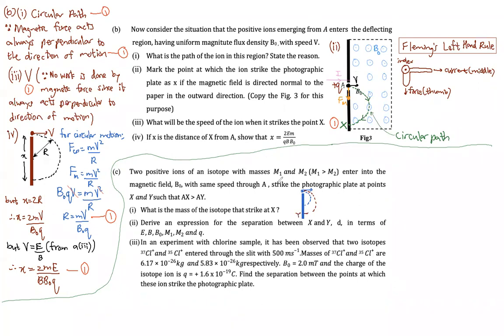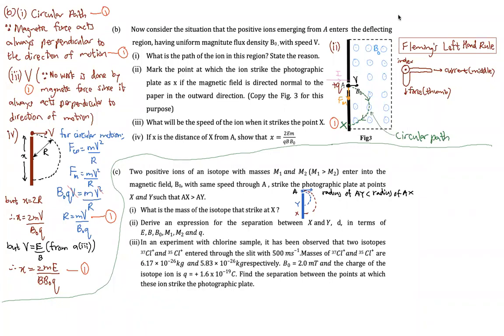X is larger, Y is smaller. There are two paths. Which path has a smaller radius? This is A, the starting point. So the radius of AY is smaller than the radius of AX, obviously.